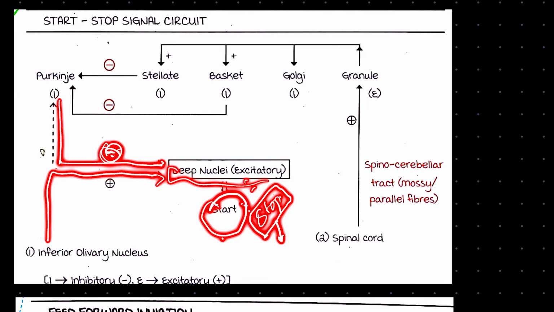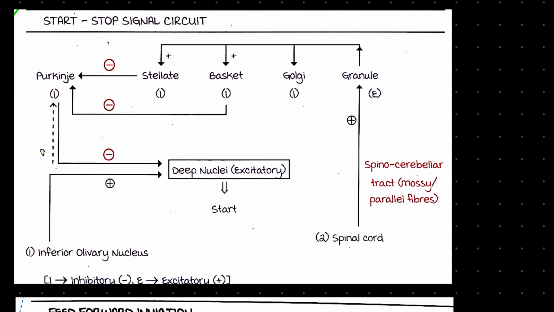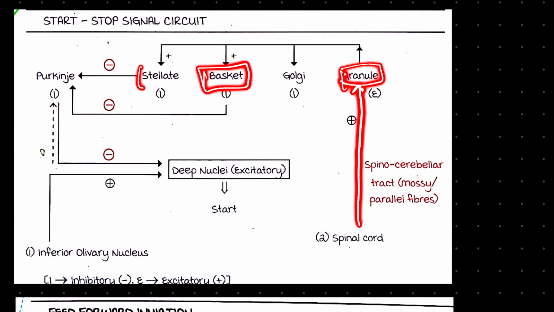Now again, to start it again, that means to go from stop to start, what we need to do is inhibit these Purkinje cells so that they can't inhibit our deep nuclei. In order to inhibit these Purkinje cells, the thing that will take place is this: the mossy fibers, which were exciting our granule cells, and these granule cells were exciting our basket and stellate cells further.